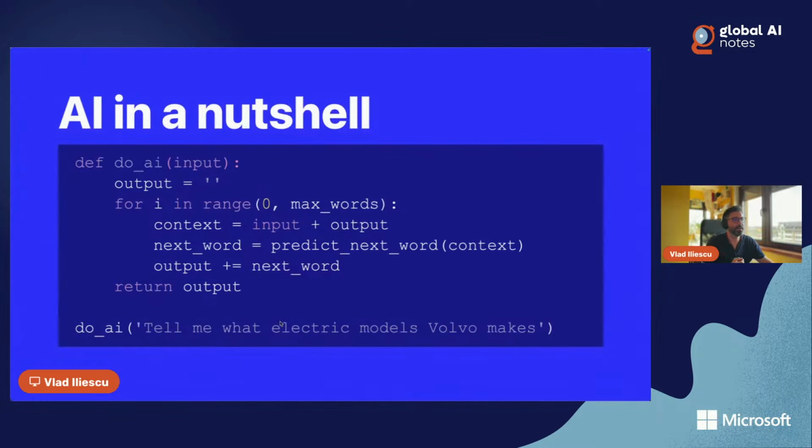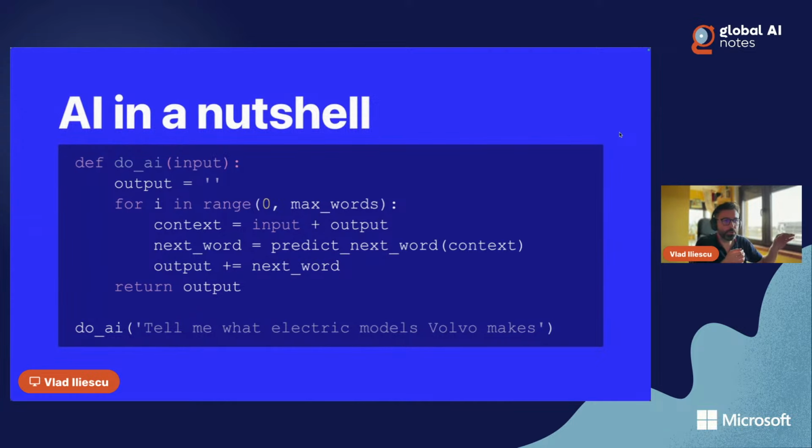As a gross oversimplification of how AI works, I've written this function, do_ai, that receives an input, and for each, let's say, word, though we all know it's tokens, where a token is basically a word or a part of a word. It's a bit more complicated, but let's just think of words.